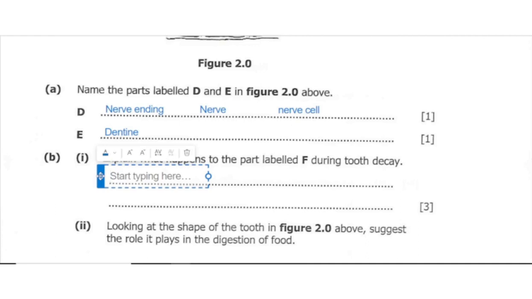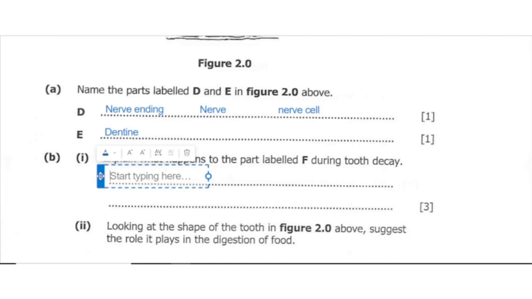Why does tooth decay happen? One of the reasons why tooth decay happens sometimes is lack of taking care of your teeth. What do I mean here? For instance, if you don't brush your teeth, then there will be bacteria accumulating in your mouth.